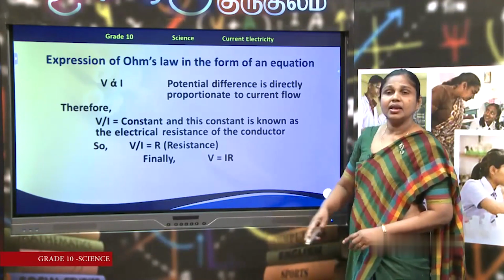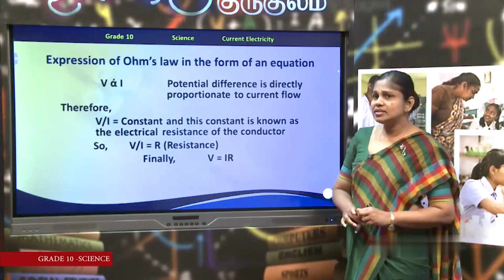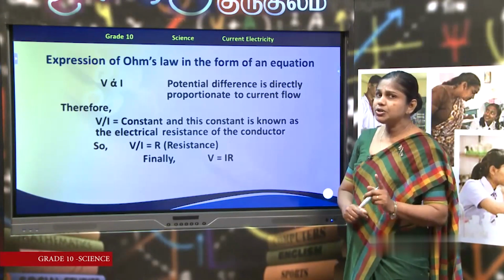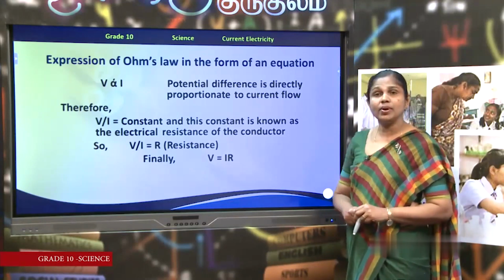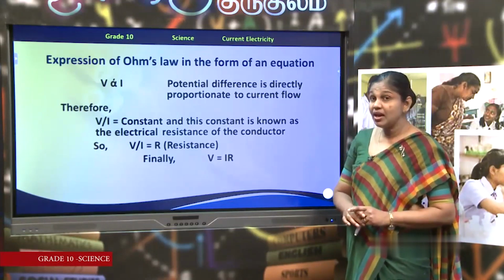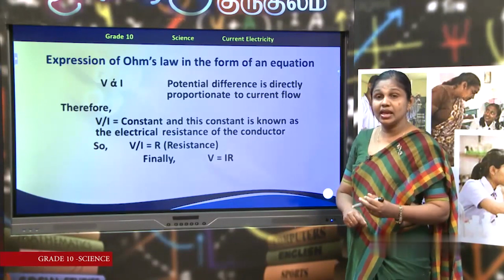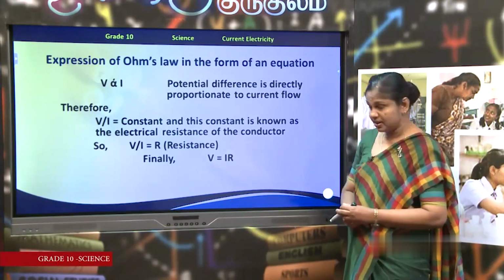Let me explain one example of how to use this V equals IR formula to calculate any unknown measurement.